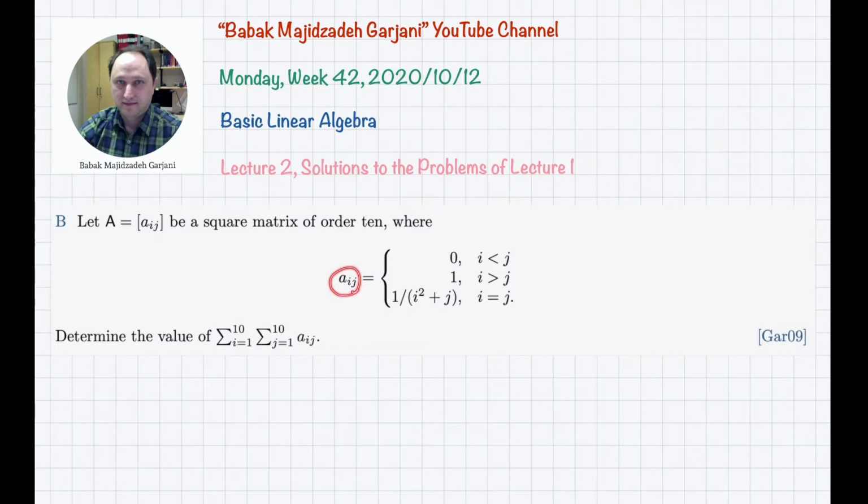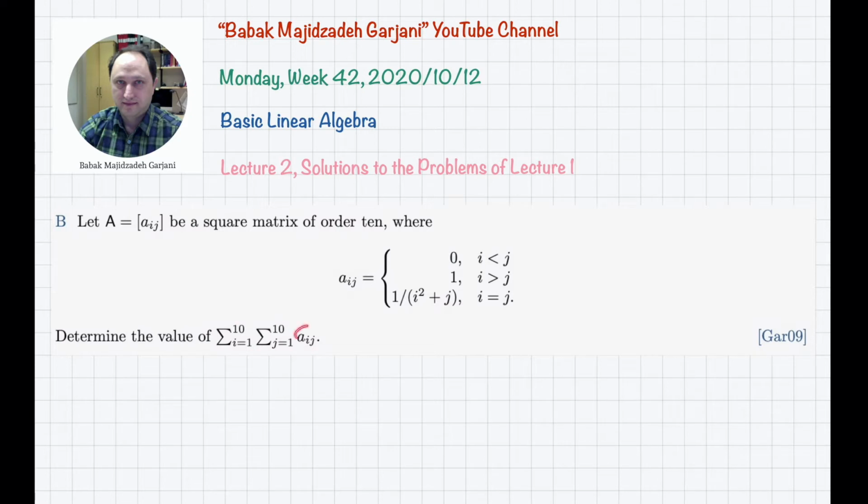This entry is defined to be 1 if the i index is greater than the j index. And finally, this entry is defined to be 1 over i squared plus j if the indices are the same. And then we're supposed to calculate this double sum.